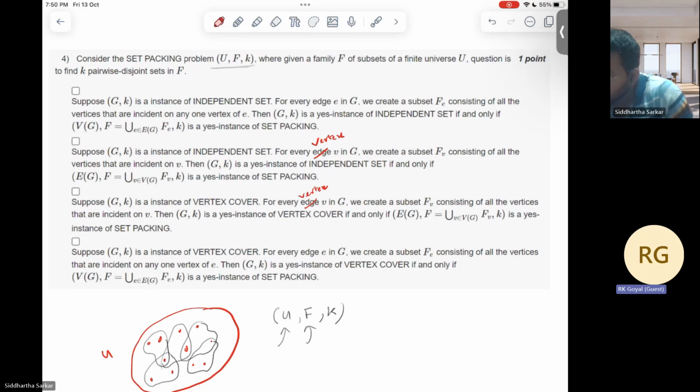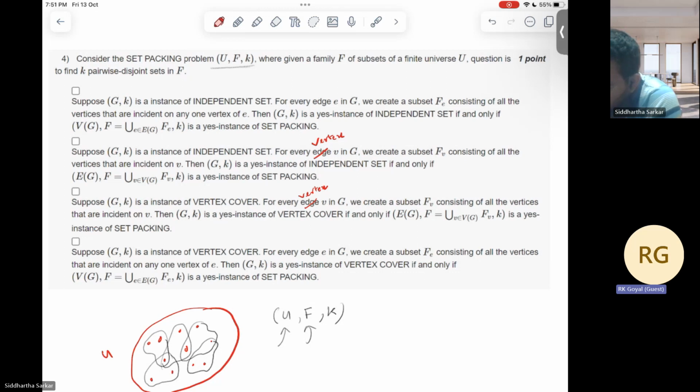So in the first option, let's suppose (G, k) is an instance of independent set. For every edge e in G, we create a subset consisting of all the vertices that are incident on any one vertex of e. Then (G, k) is a yes instance of independent set if and only if this is a yes instance of set packing.